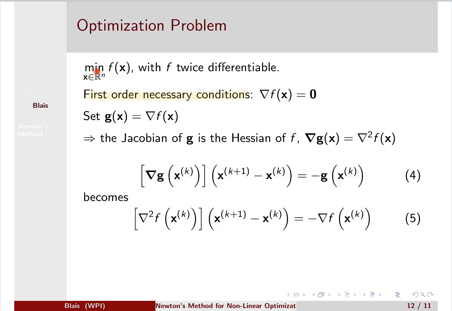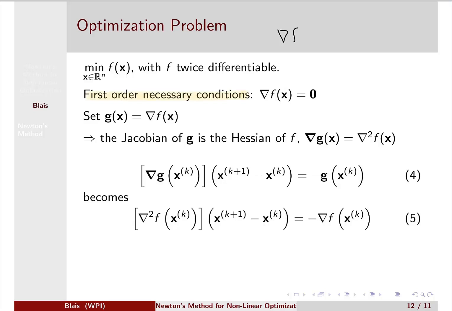And recall, if f of x is twice differentiable, our first order necessary conditions for a local minimizer is that the gradient of f is equal to the 0 vector. And what we will do is set the gradient of f to be equal to g of x in the previous theorem. So think about what the gradient of f of x is.